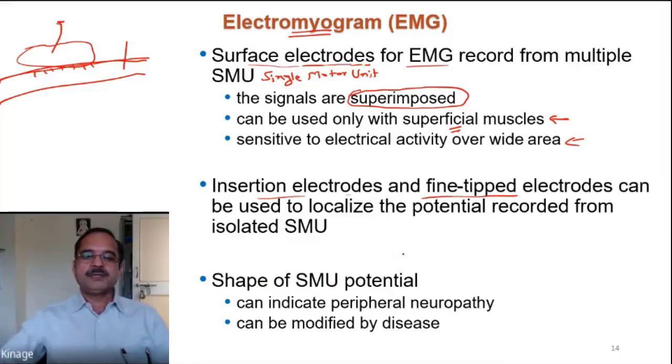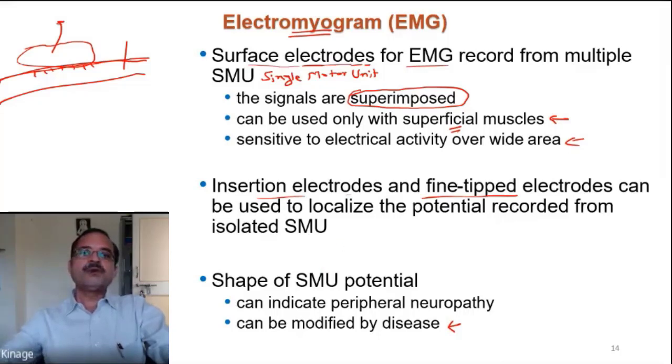So this is about EMG. Now the shape of this single motor unit potential can indicate peripheral neuropathy or can be modified by some disease. If there is any disease, the shape of the potential output of this SMU can be different.